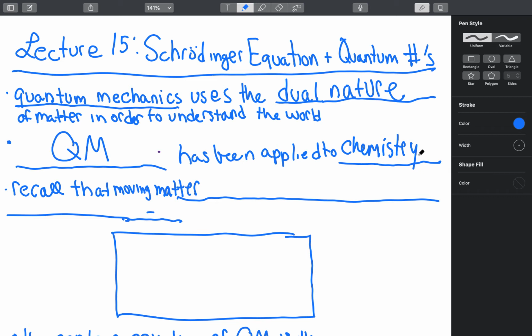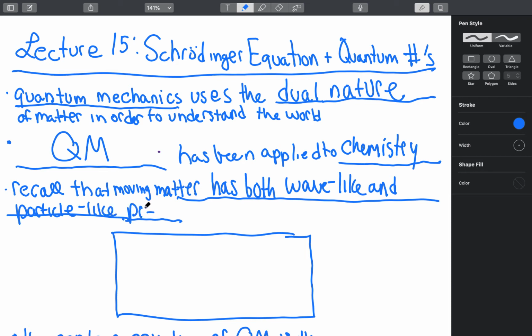So recall that moving matter has both wave-like and particle-like properties.